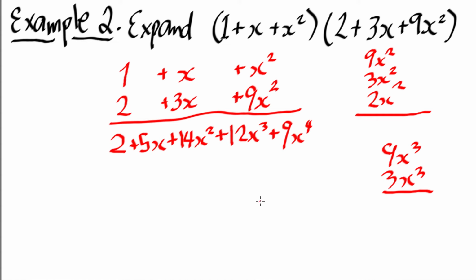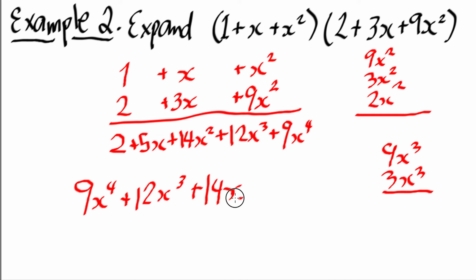If you want it in ascending order, we can write it as 9x to the fourth plus 12x cubed plus 14x squared plus 5x plus 2. And that's our answer for this second example wherein we're multiplying a trinomial by a trinomial.